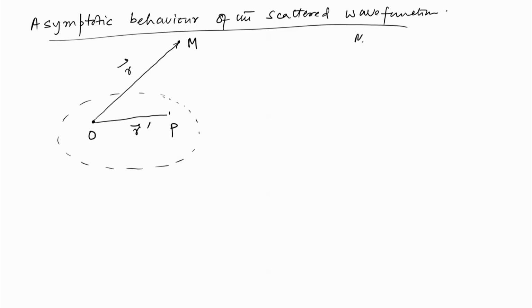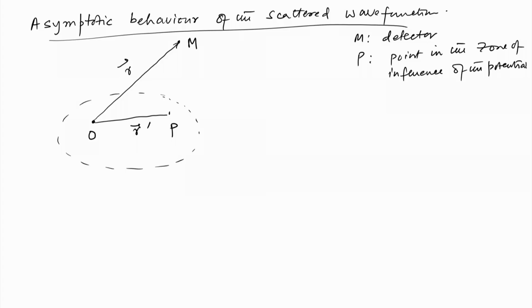So, let us just make these things clear. M is the detector and P is a point in the zone of influence of the potential. Okay.